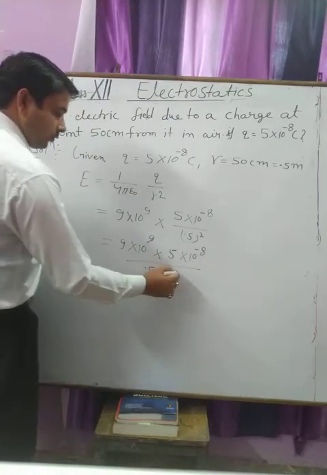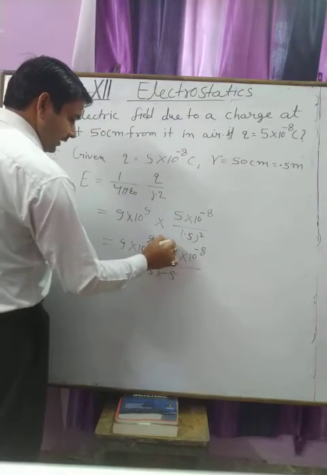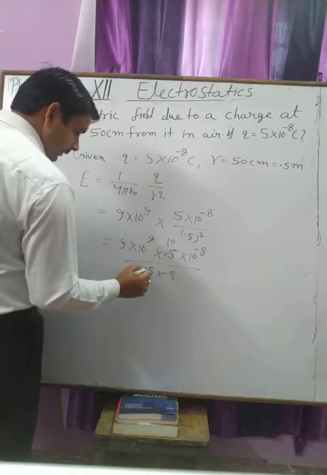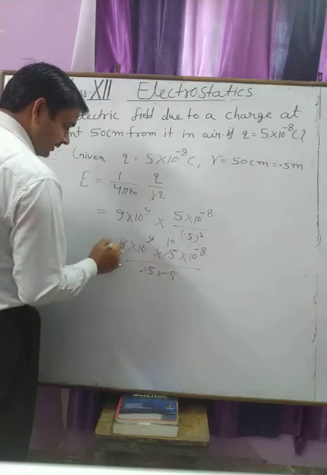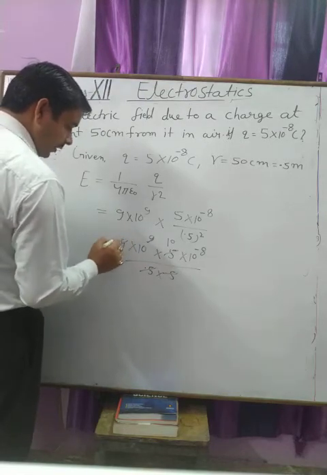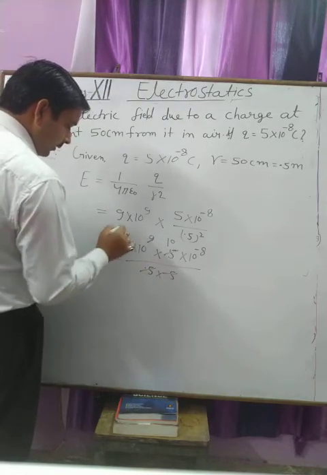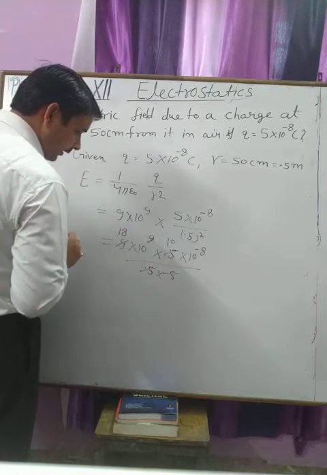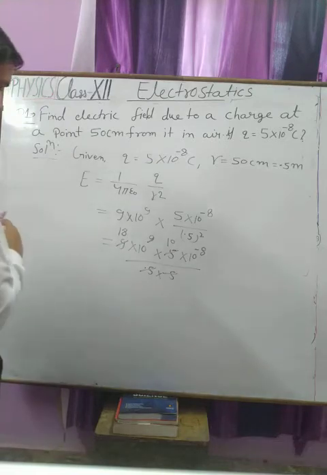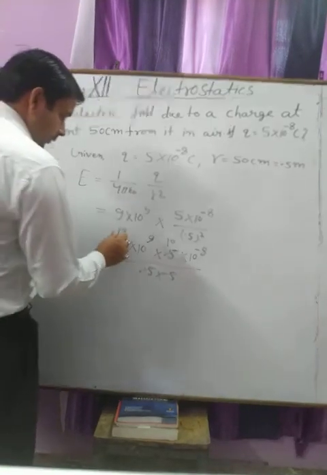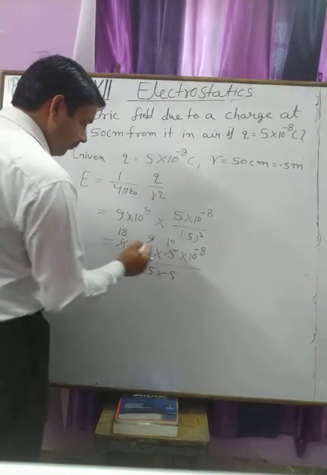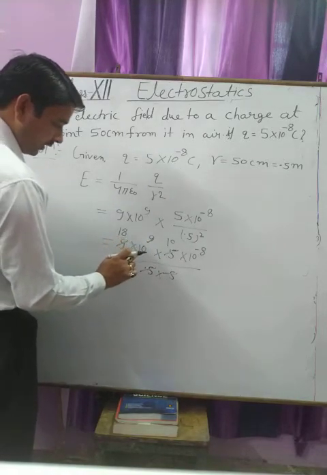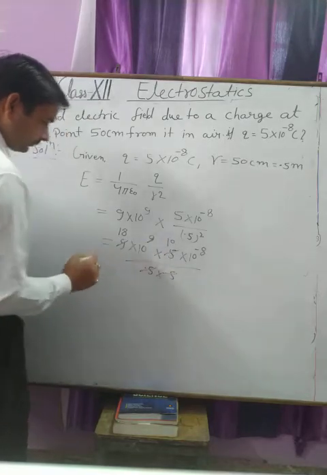Okay, now this 0.5 cancels by this 10 times, and this 0.5 cancels this 9 times. Okay, now this 9 into 9, okay.